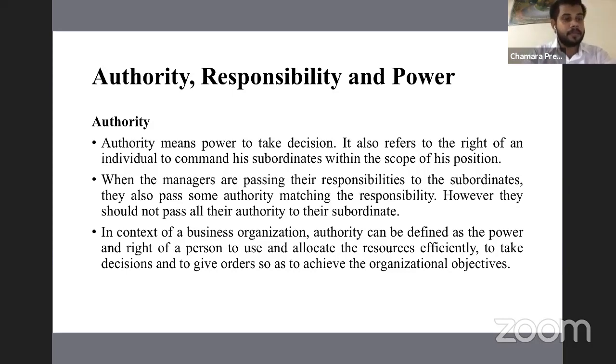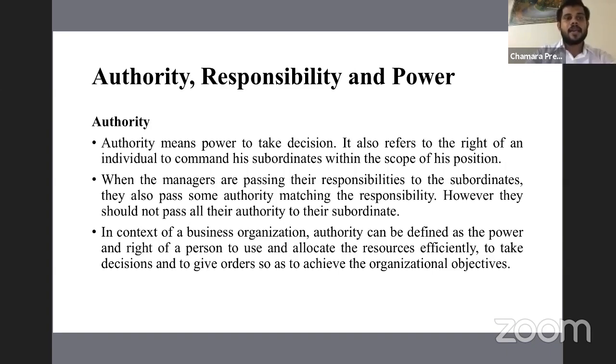So when we give commands to others, we need to understand the scope of our position, and within the scope of our designation we should use that power to influence others. Simply, authority means power to take decisions, but you can't go beyond the scope of that power. That's what we need to understand.